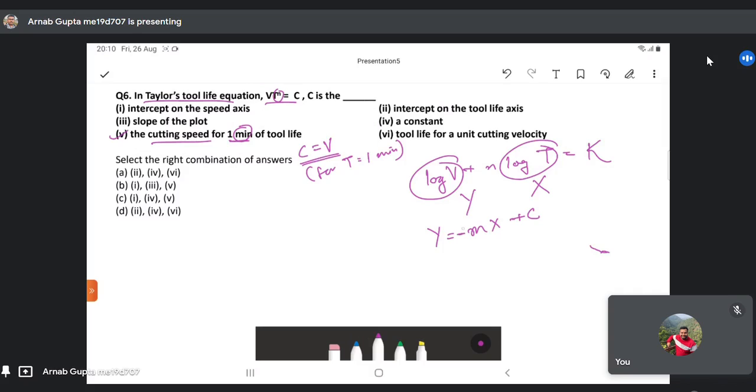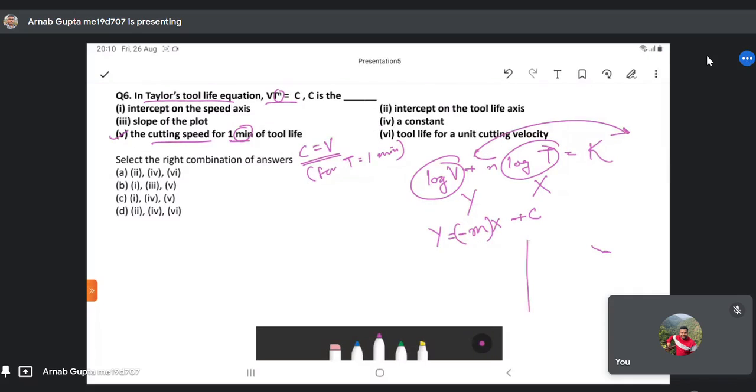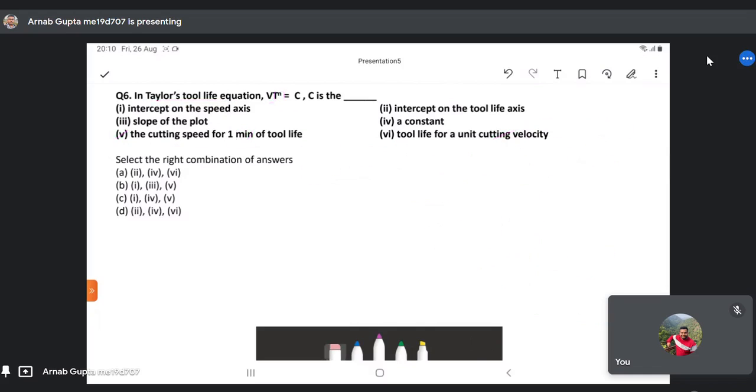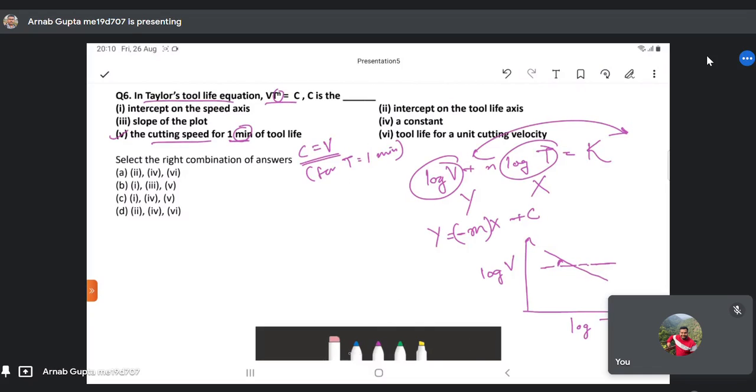This is generally minus mx here, because if you take it to the right hand side, then this will happen. n is your slope of the plot here, right? Minus n. And this will be the actual relationship here.